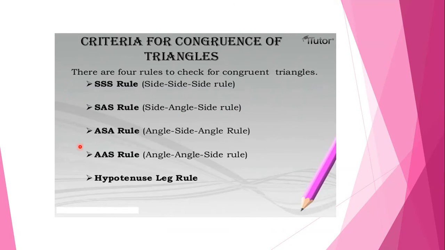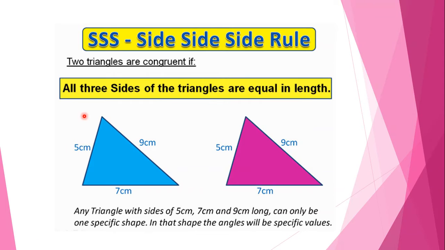In short, you have to learn SSS, SAS, ASA, AAS, and one more rule we have, HRA or HLR, hypotenuse leg rule. ASA means angle, side, angle rule. Then angle, angle, side rule. And the last, hypotenuse right angle, somewhere used as HRA or HLR. So let's learn each term.